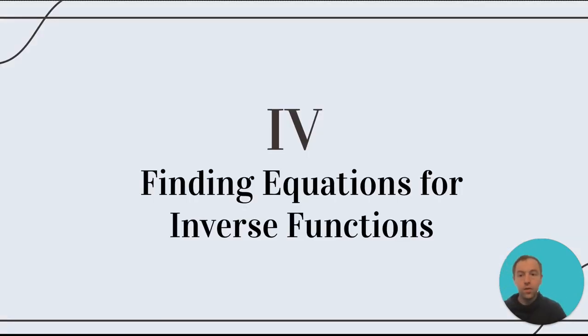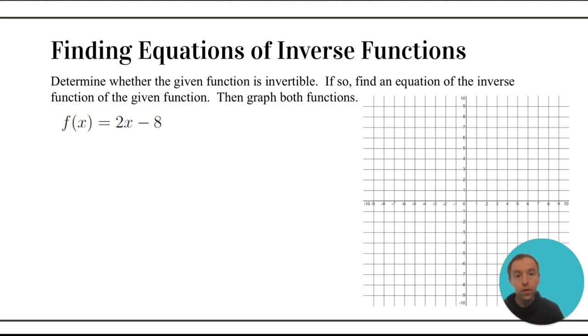So we want to transition now into some more symbolic equation context of being able to find inverses for various different equations. So we are asked here to determine whether the given function is invertible, and then if so, find an equation of the inverse of the given function. So we're going to talk about this a little bit more formally towards the end here.